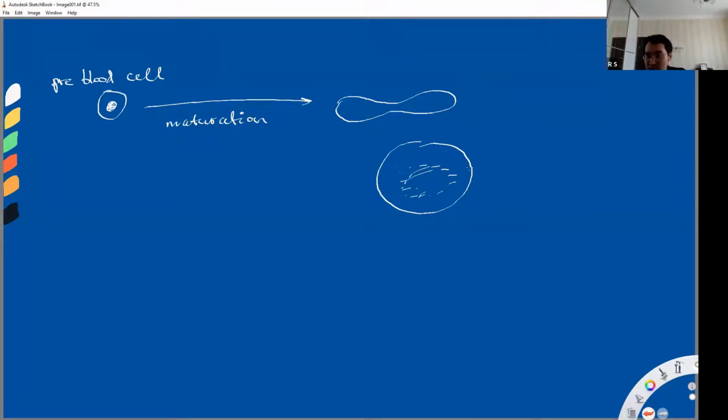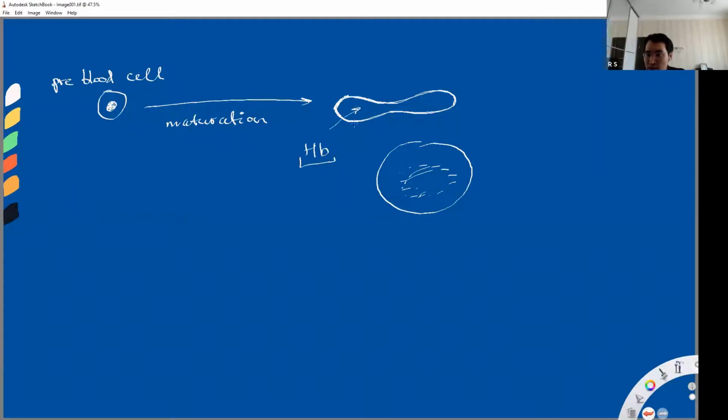And it does not contain any organelles that reduce the internal space of the erythrocyte. So this whole space is occupied by hemoglobin. So this is a very specialized, or differentiated, cell that is used for a very specific role in the organism. So it only contains hemoglobin.